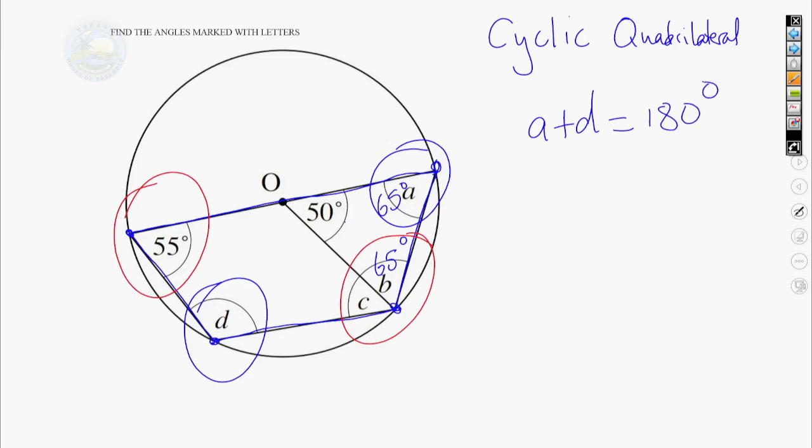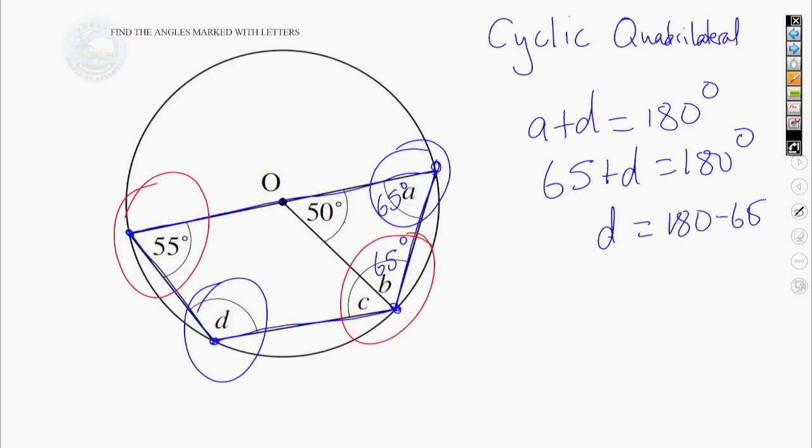But we already know what A is. We found that earlier. A is 65. So 65 plus D is equal to 180 degrees. So how much will D be? That will be 180 minus 65, which is 120. Oh, I'm sorry. That will be 115 degrees.